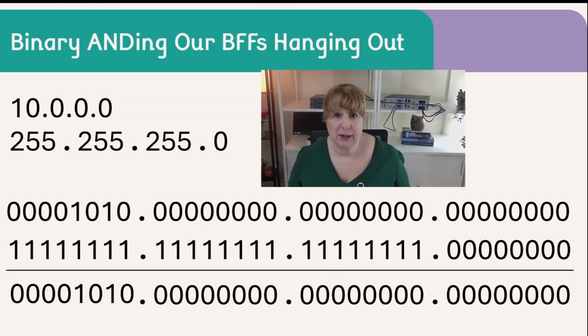To get the full picture, we need to see how the computer uses the ones in the subnet mask to determine the network and the host portions of the IPv4 address. You can see here, I have our IPv4 address written in binary, and here we have our subnet mask written in binary as well. The computer has this information also, and what the computer does is it ANDs, no, this is not mistyped, it ANDs the 2 numbers together.